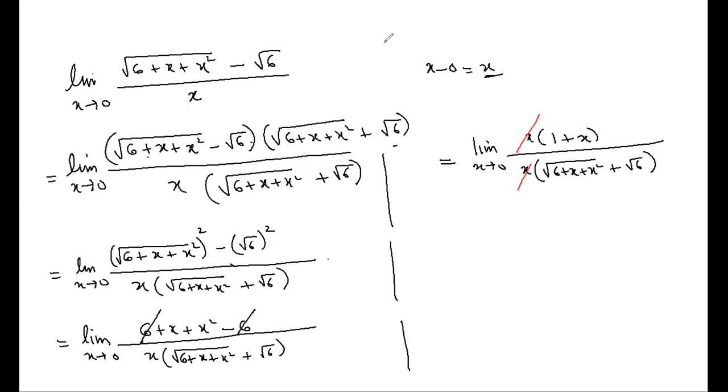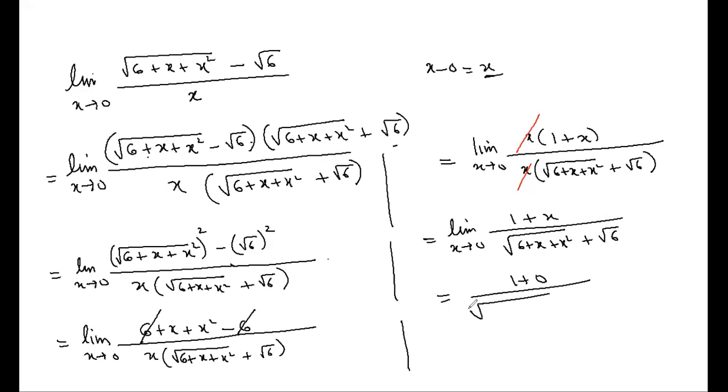Cancel it. So when you replace x by 0, 1 plus 0. One by 2 root 6. Correct.